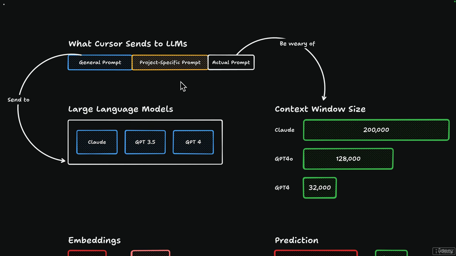Maybe you would like to use some specific standards. Maybe you'd like code to be written in a specific way. This is where it goes. And then you've got the actual prompt. So you need to be wary of the context window size. It's different for different models, but all this together is being sent to those large language models.